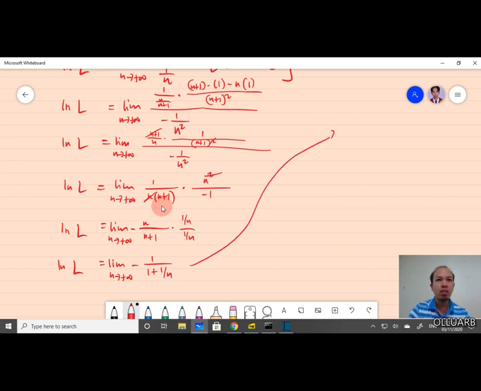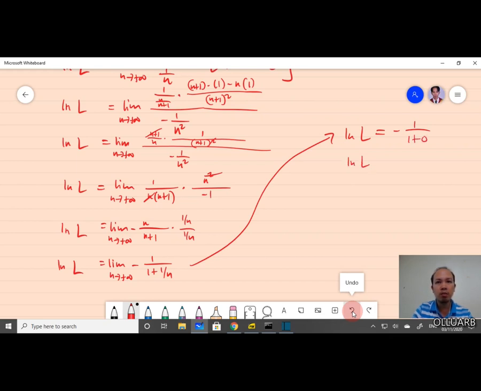Okay, so let's try to write it here. Ln of L, which is the limit of, okay, sorry, there's something wrong, let's wait again. We have ln of L, which is equal to, we can now evaluate this limit, which is negative 1 over (1 plus 0).